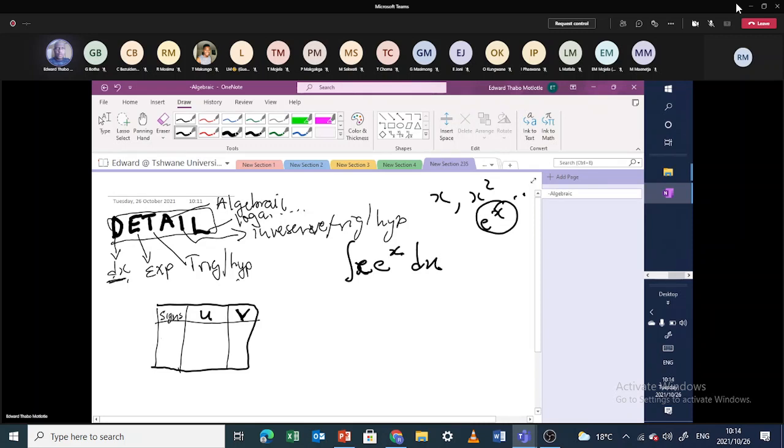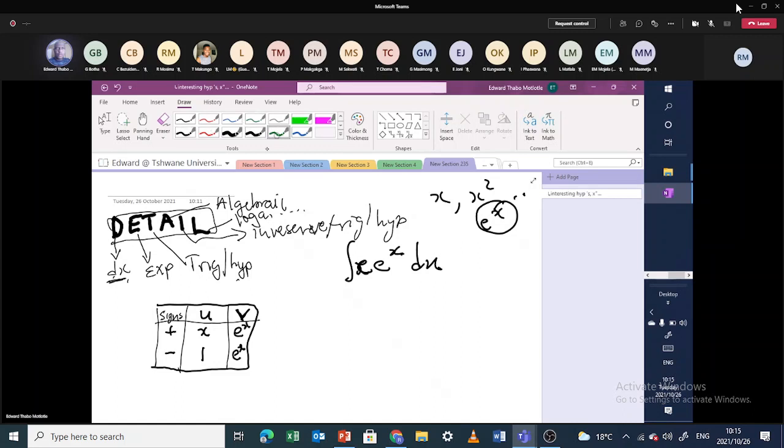So we are going to differentiate x, and when you differentiate x, the answer is 1. The sign starts with positive and then negative. For v it is e to the power x. We integrate e to the power x, we get e to the power x.